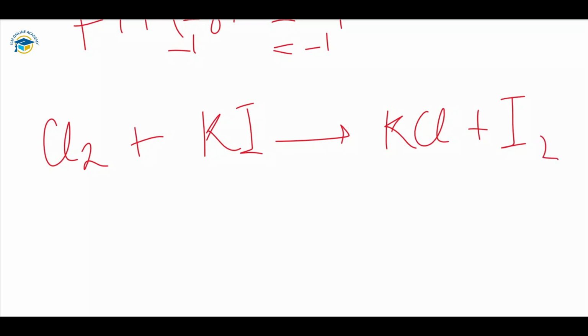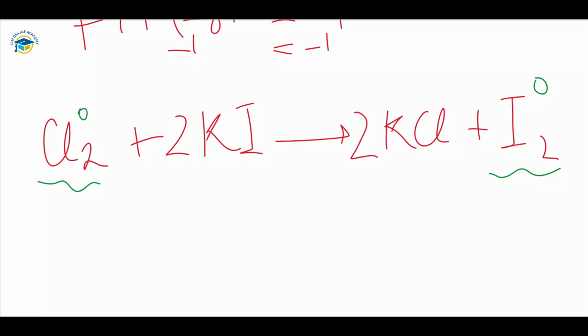So first we'll balance this by writing the 2 before potassium iodide and before potassium chloride. And in this example, we can see the oxidation number of iodine and chlorine, because chlorine and iodine are present in uncombined state, so the oxidation number is 0 and 0.